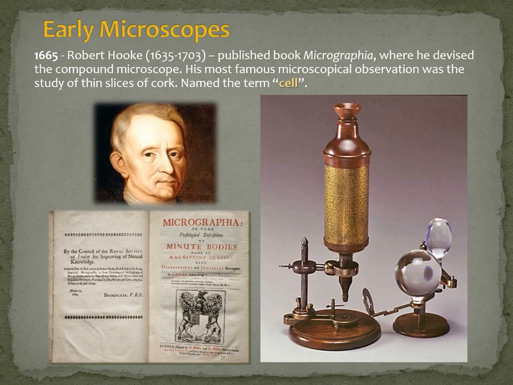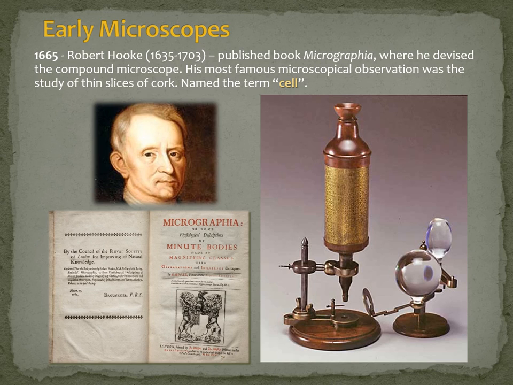Also making use of these simple compound microscopes, another giant in microscopy is Robert Hooke, who was later the president of the Royal Society in London. You can see the system to illuminate the sample. He made many observations.